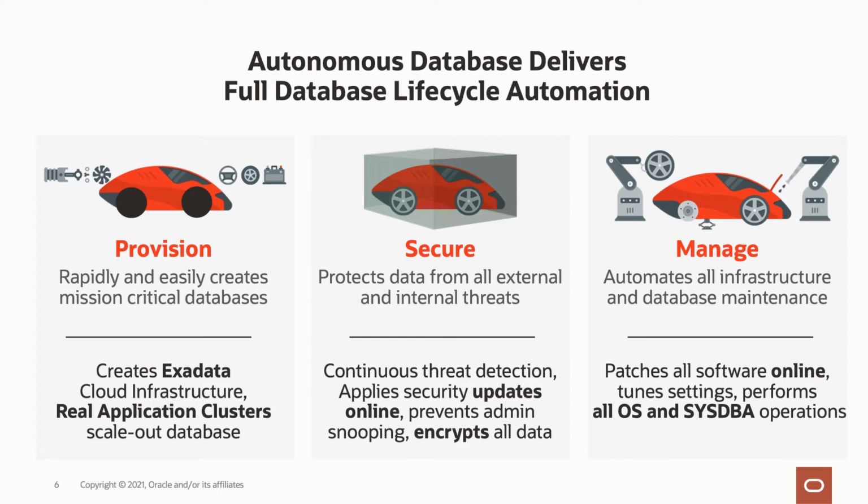So the database is created on a real application cluster, a RAC cluster, so it can scale out storage and CPU seamlessly, while also protecting the database in case of a server failure. In order to protect the system against a complete failure, we also automatically back up your database nightly, as well as have an option to create an always up-to-date replica or a standby, which we'll actually look into deeper in later slides.